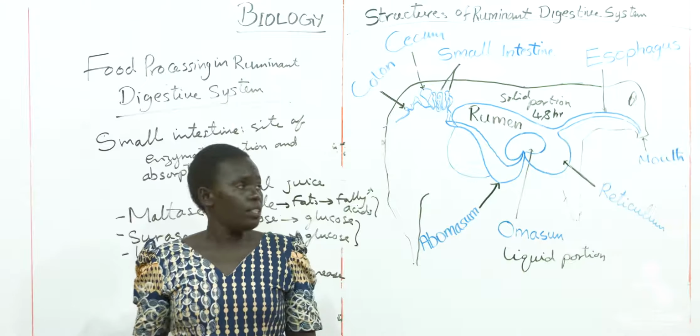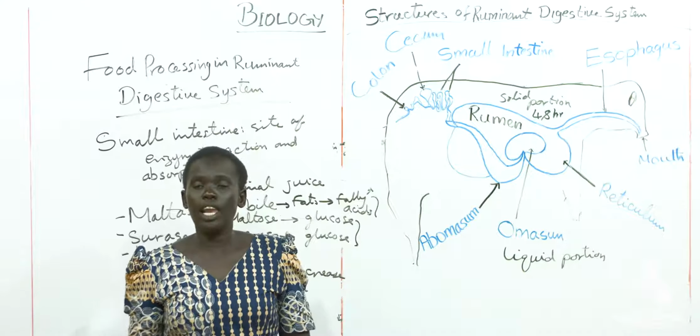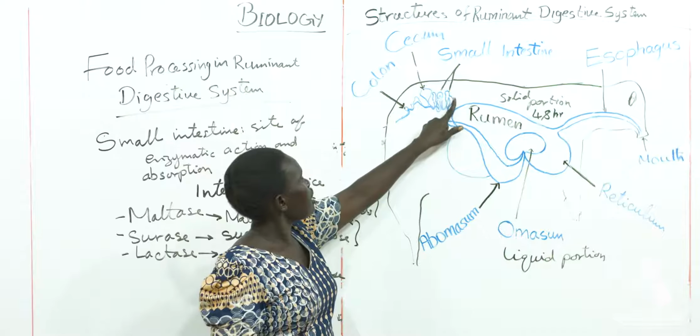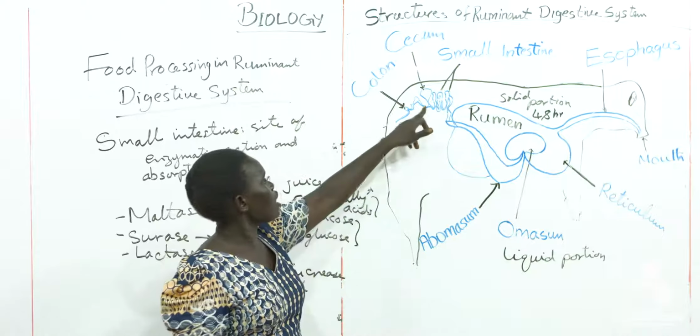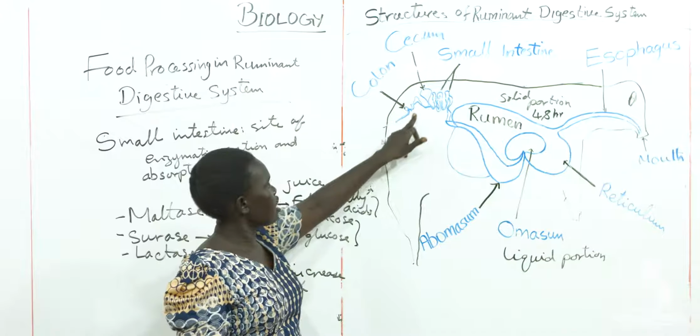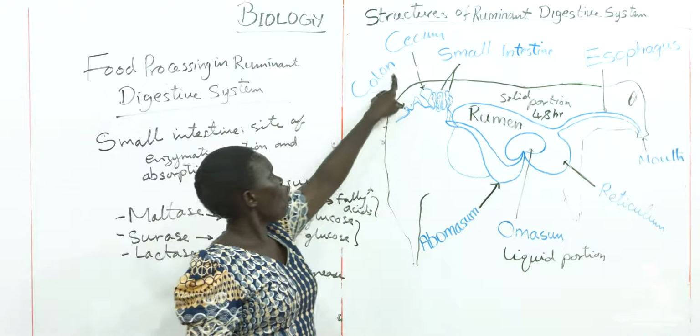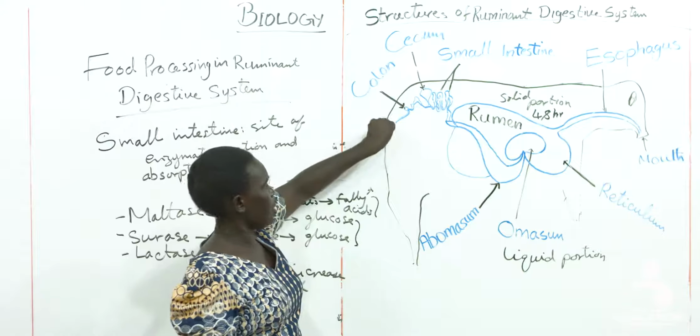Then the undigested food is sent to the large intestine. So from the small intestine here, now it is sent into the large intestine. The large intestine is made up of cecum, colon, then rectum here.